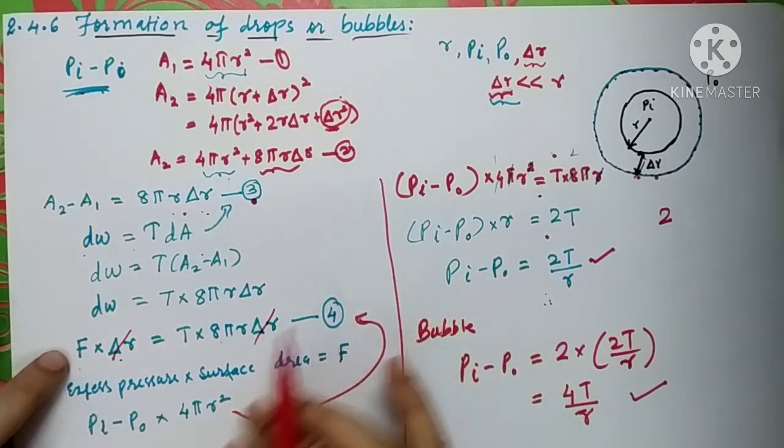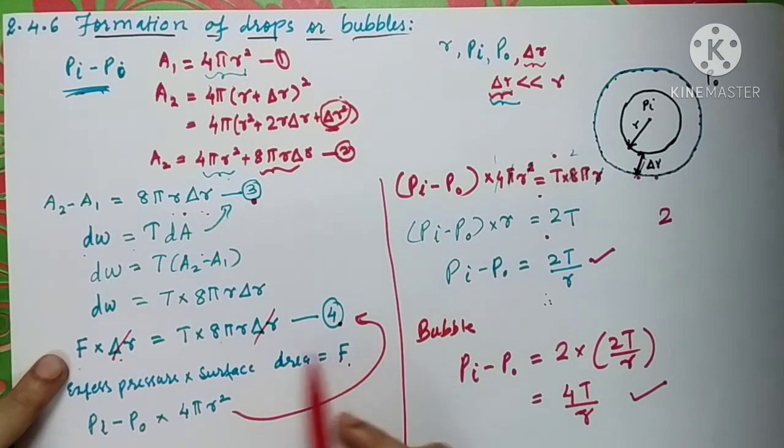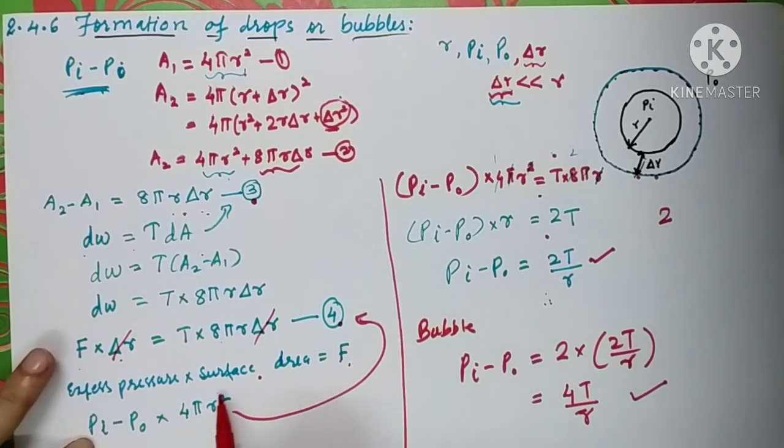Then we are going to write down this as equation number 4. Then let's search for the expression for force. We all know that force is nothing but pressure into area. So instead of pressure, we will use the concept of excess pressure. So excess pressure into surface area is equal to F. So Pi minus Po into surface area, which is 4 pi r square.